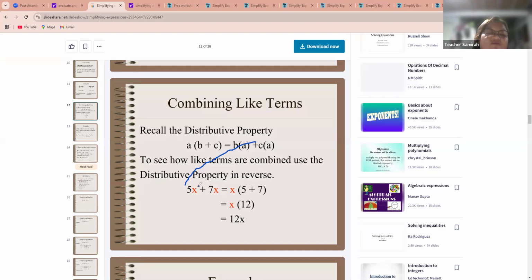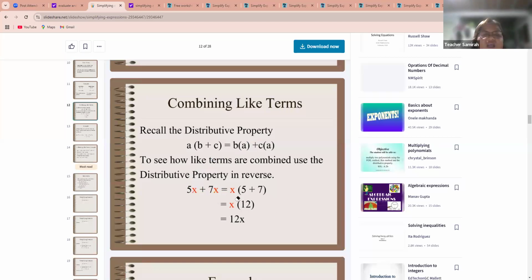Take note, every one of them has this variable x. There is this common variable between the first term and the second term. I can get that out, combine these two constants and place them in a parenthesis. By that alone, I can see that what I did was correct.